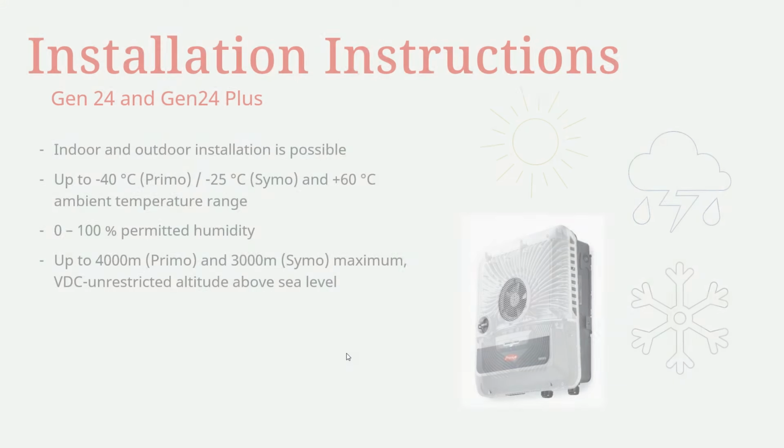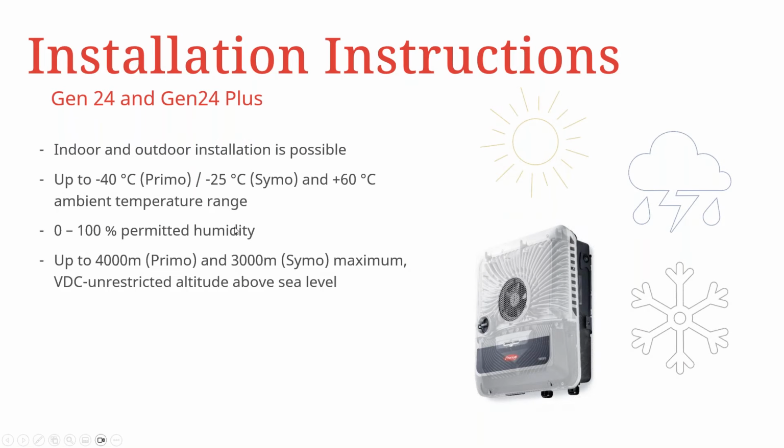Similar features. The main difference is that the Gen 24 Plus inverter is battery connectable, and that's basically it. All the other installation guidelines are pretty much the same in terms of installation conditions.